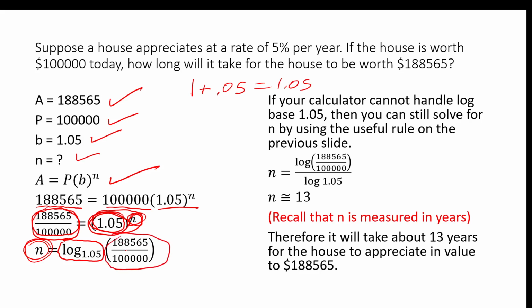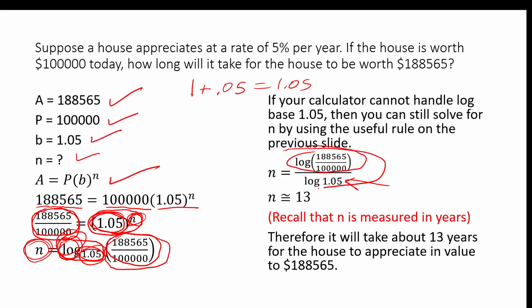If you have a calculator where you can press it in just like that, that's great. But if your calculator can't handle that, then you do the log of 188,565 over 100,000 over the log of 1.05, because if you're using the more average calculator way of doing things, the base of the logarithm goes in the basement of the fraction, so that log 1.05 goes down there.